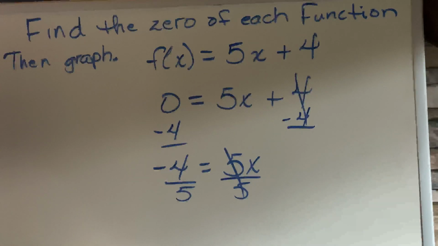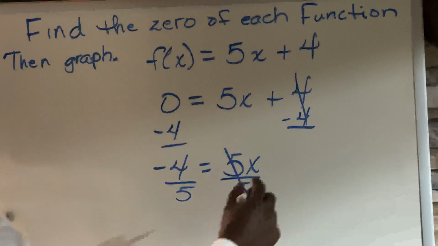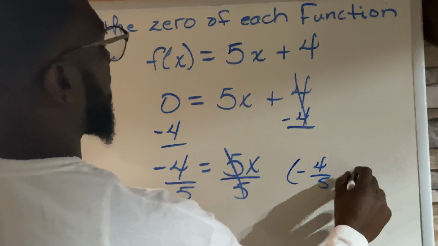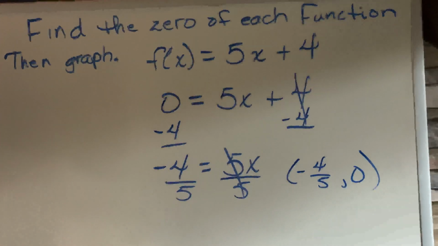So an ordered pair of this function would be negative 4/5 and 0.